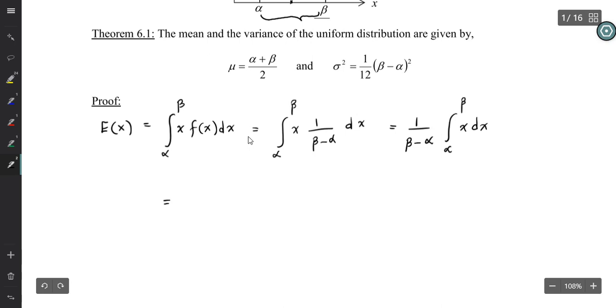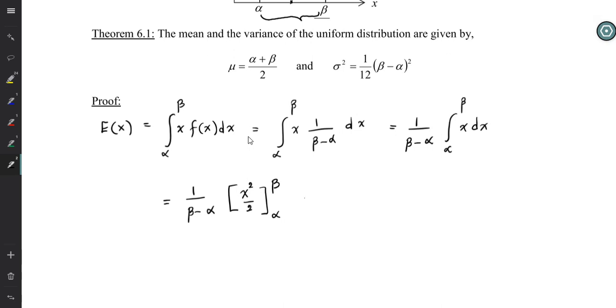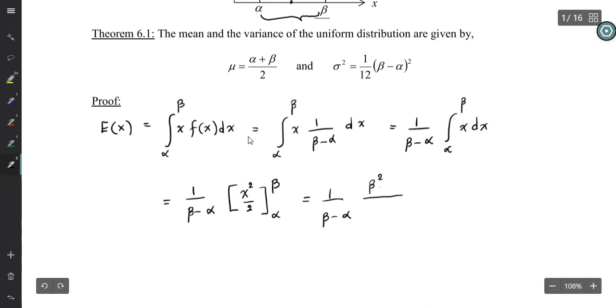Now take the antiderivative. We have 1 over beta minus alpha outside the integration. The antiderivative of x is x squared over 2. Evaluate it over the support alpha to beta. Now this will be 1 over beta minus alpha, and then when we evaluate x at beta and x at alpha, you get beta squared minus alpha squared divided by 2.